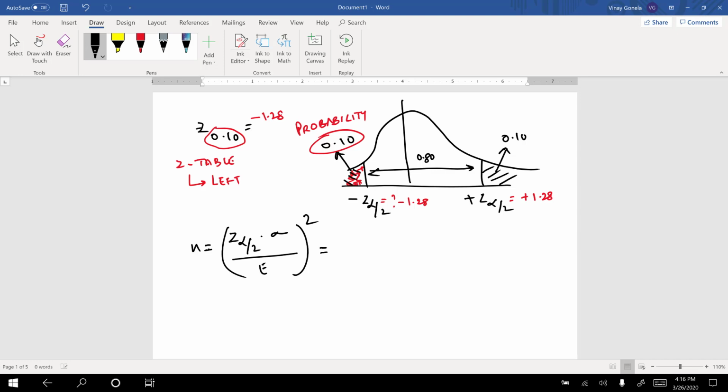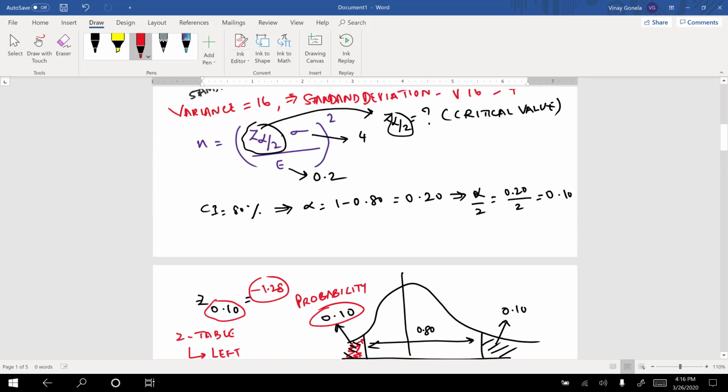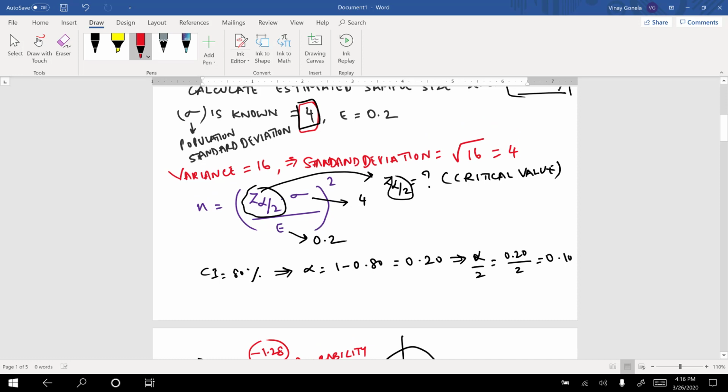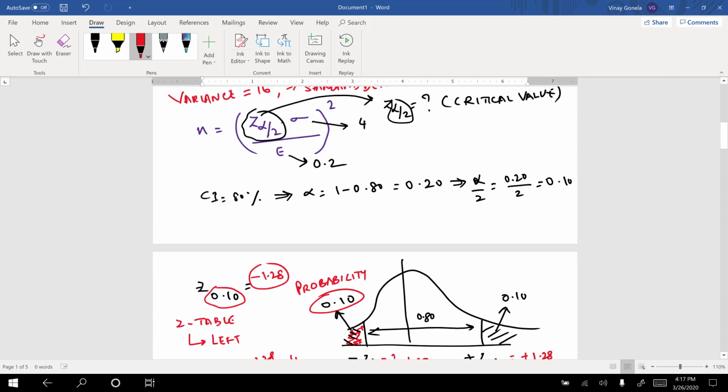So z alpha over 2 is this value, negative 1.28. The standard deviation is 4, so this is 4, and this is 0.2.